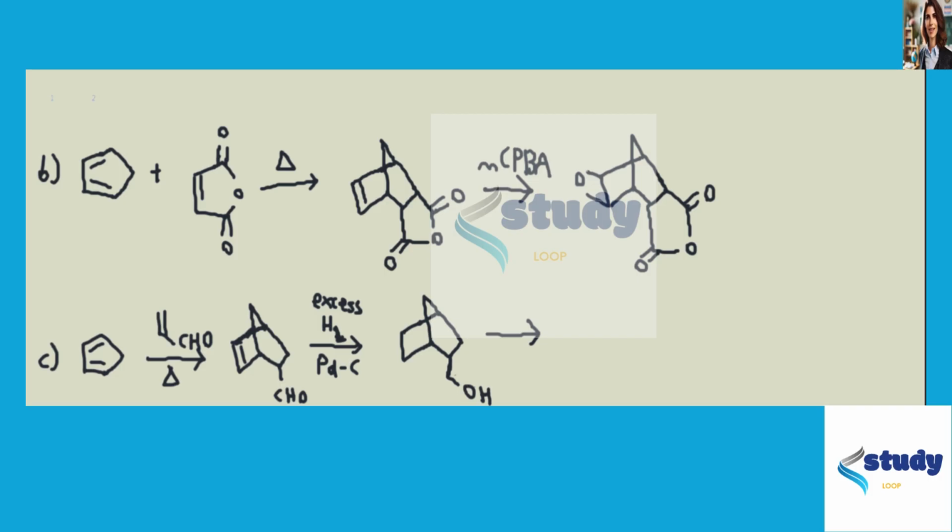And now to get from the alcohol to the ether, we can deprotonate it with a strong base like sodium hydride. And then we need the butyl ether, so we can just use bromobutane.